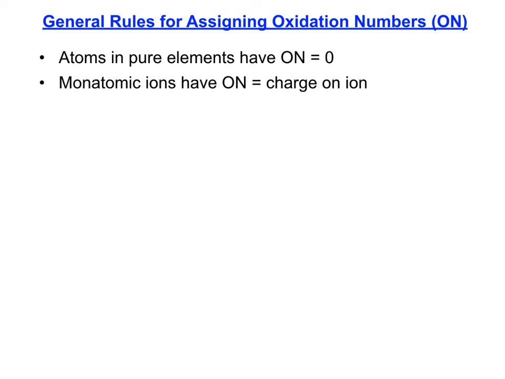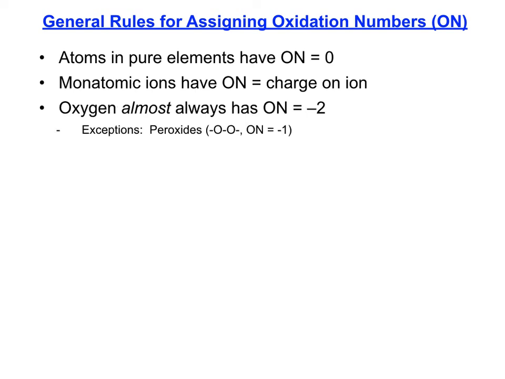So that's like copper 2 plus has an oxidation state of plus 2. Oxygen almost always has an oxidation number of -2. The only exceptions for this are when oxygen is in the elemental state, O2, or if it's in a peroxide where you have an oxygen-oxygen single bond.